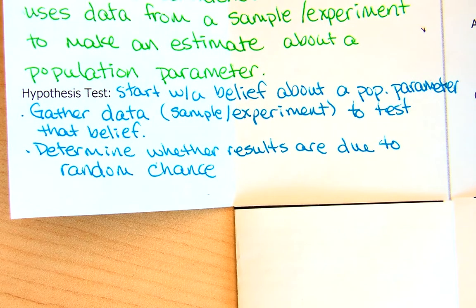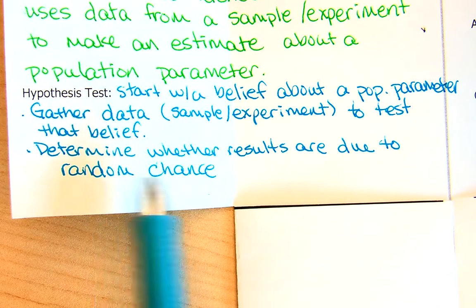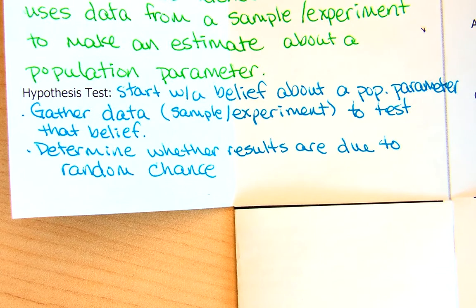We know if we're looking at samples of students and looking at the average GPA of those students, if we get one sample of 20 students and we get another sample of 20 students, those aren't going to be the same average GPA, but they're probably going to be close. So we want to know, is the difference in what we expected and the results that we're getting, is that just a random chance difference, or is it like really different than what we expected?